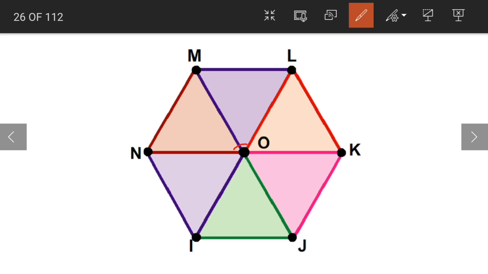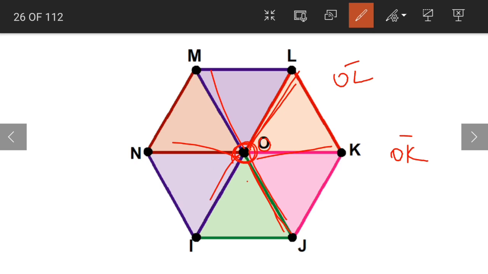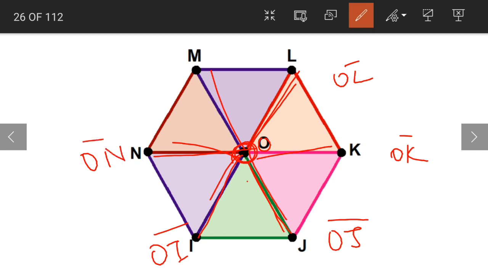Now again we have another similar question. Here from the endpoint O, many line segments are drawn. What are they? OL, OK, line segment OJ, line segment OI, line segment ON and line segment OM.